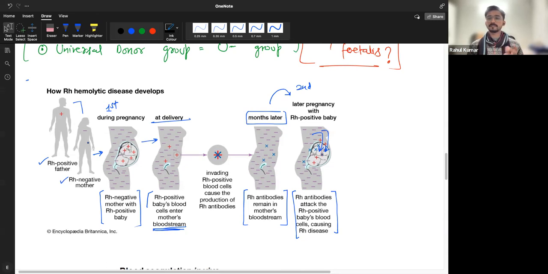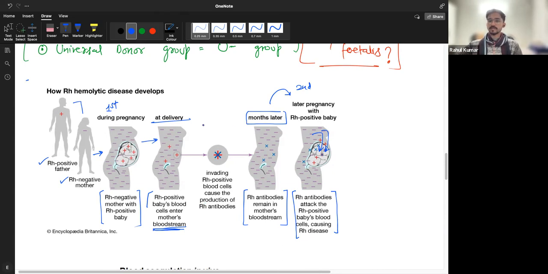Okay, so it's like you spilled milk and you don't want your mother to see it, because then you are in terrible trouble. So before she sees it, you clean it. You understand, people? Yes, sir. Simple. So if you do that, you can prevent the mother's body from forming the antibodies which can stay in the body for a long run.